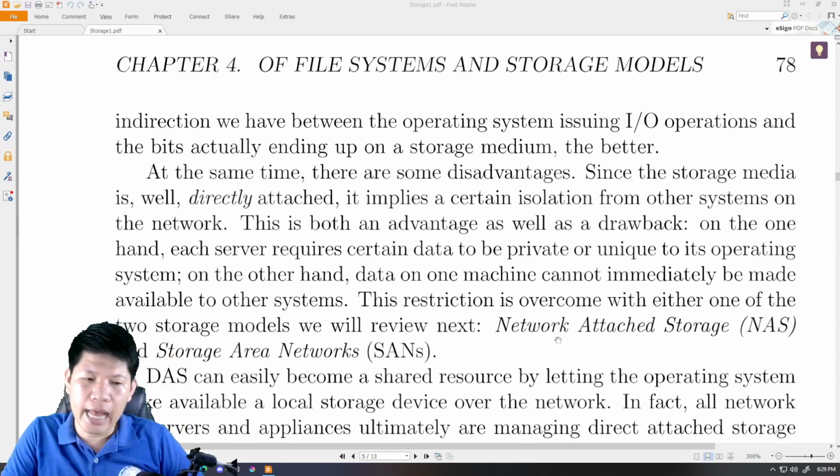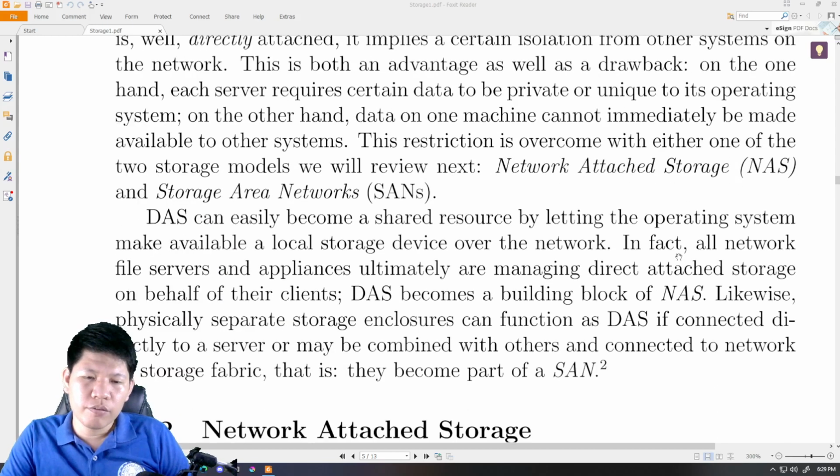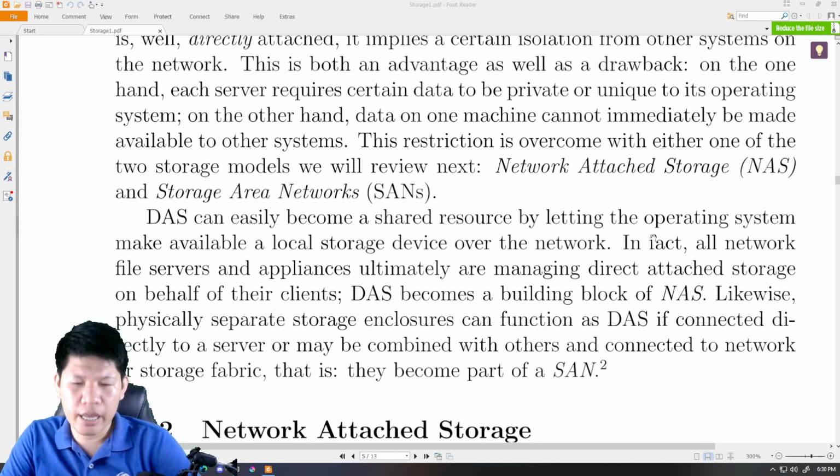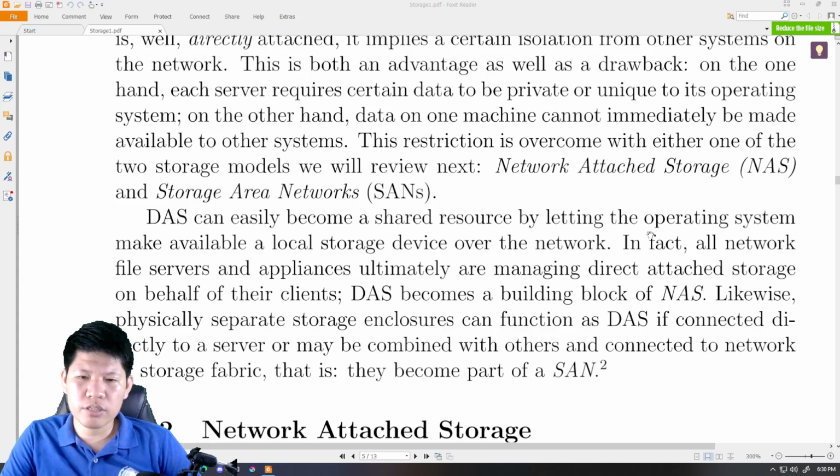SAN and NAS. DAS can easily become a shared resource by letting your operating system make a local storage device available over the network. All network file servers and applications ultimately are managing direct attached storage on behalf of their clients. So direct attached storage becomes a building block for network attached storage.